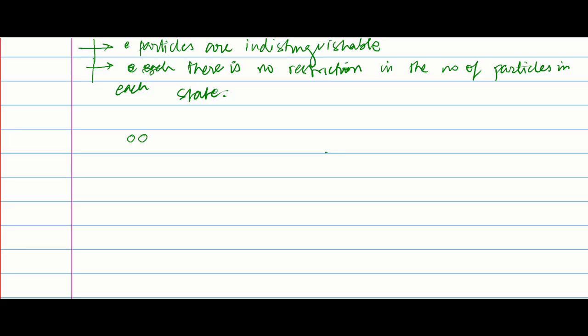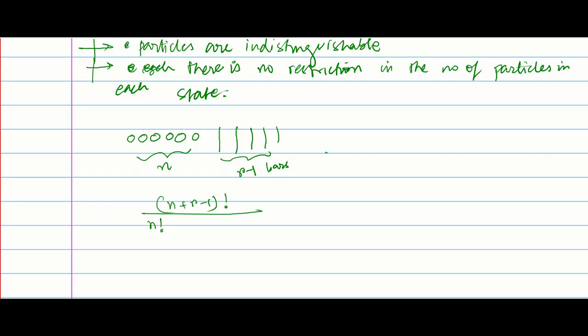Look, let's say there are n circles and there are r minus 1 bars. The number of ways these can be distributed is (n plus r minus 1) factorial. For the BE statistics, the total number of ways is (n plus r minus 1) factorial divided by n factorial into (r minus 1) factorial, because n objects are identical and r minus 1 objects are identical.